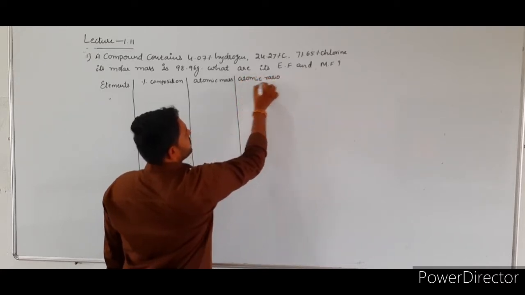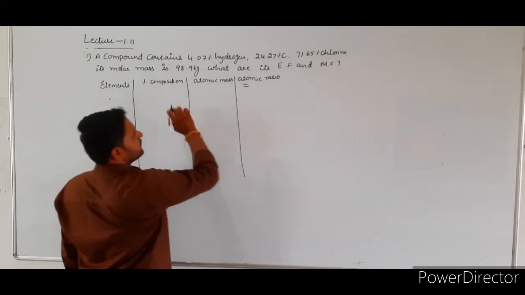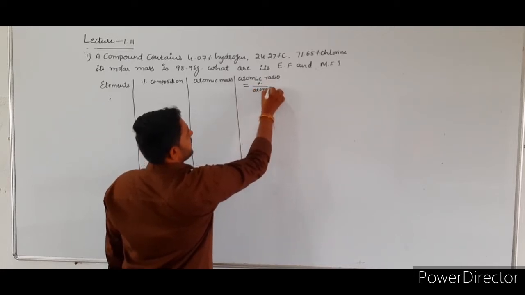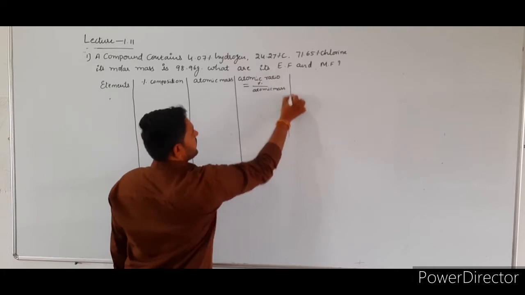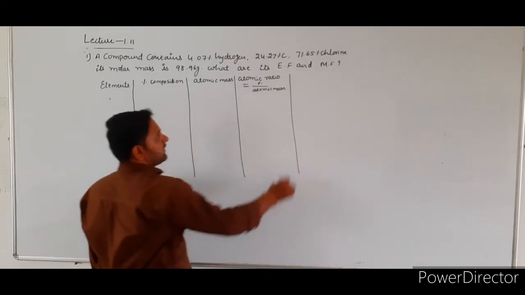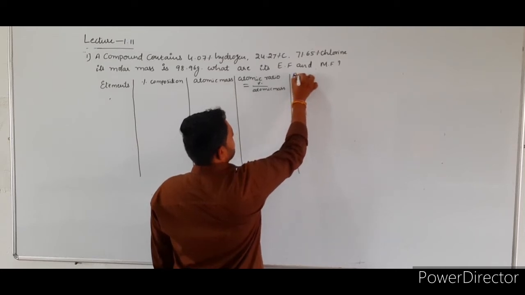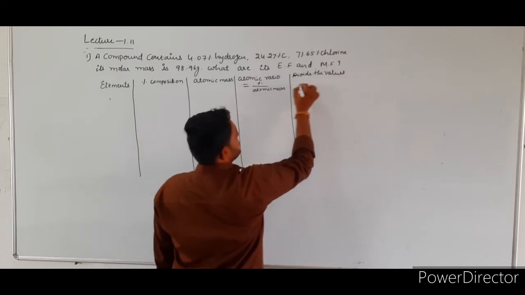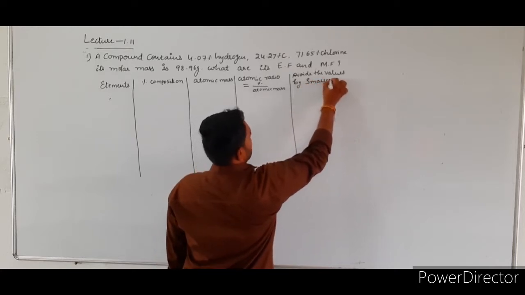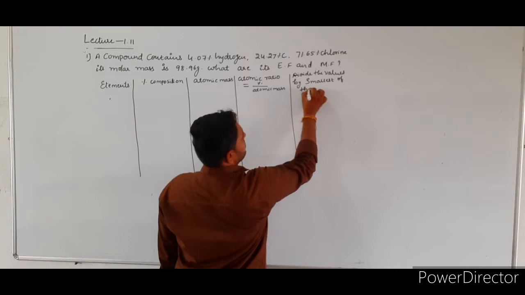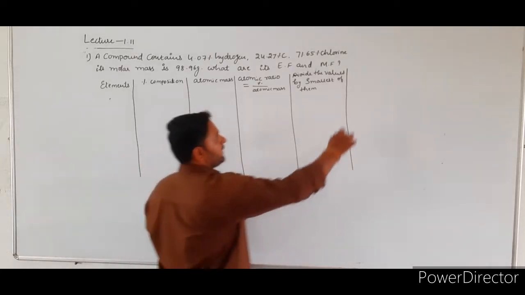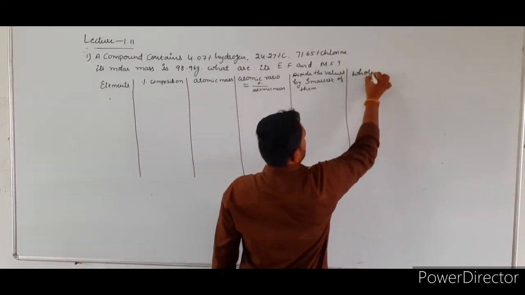To get the atomic ratio, you just have to divide these two: percentage divided by atomic mass. Next, in the next column, you write the simple ratio, dividing the values by the smallest of them. In the last column, you write the whole number ratio.